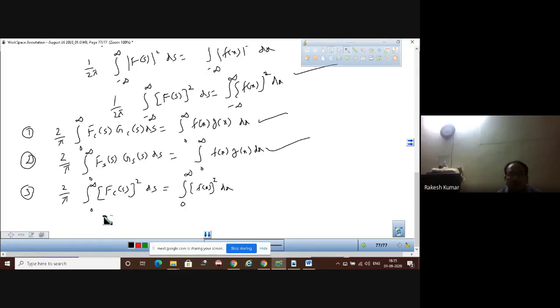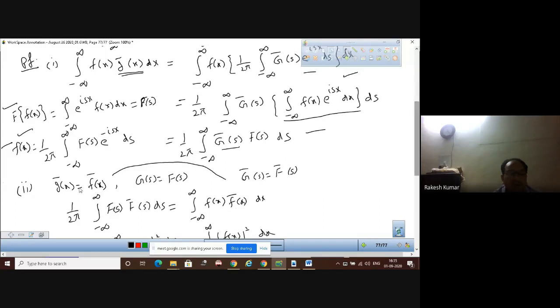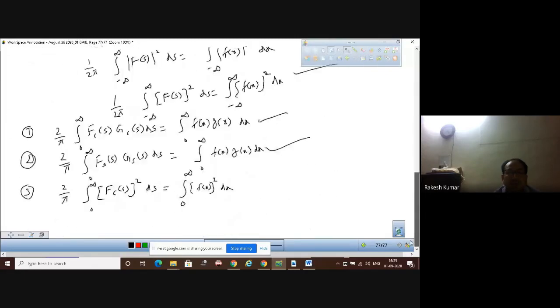So this is the cosine transform formula, and we can prove this result on the pattern of part 2, by using the technique which we have applied in part 2.